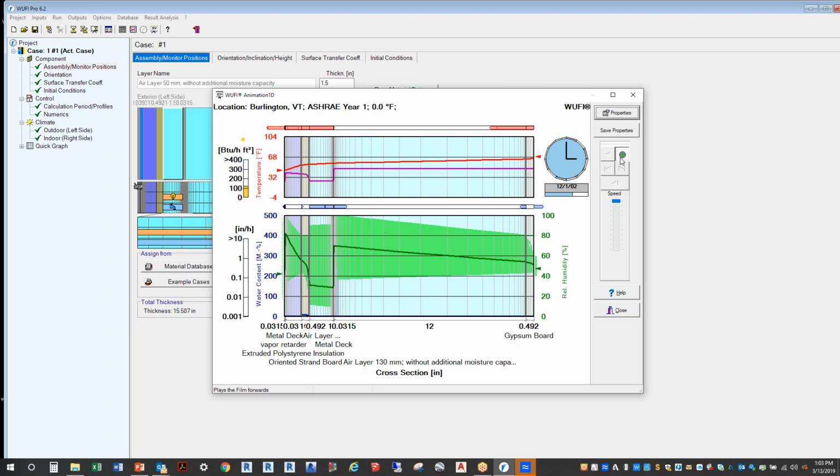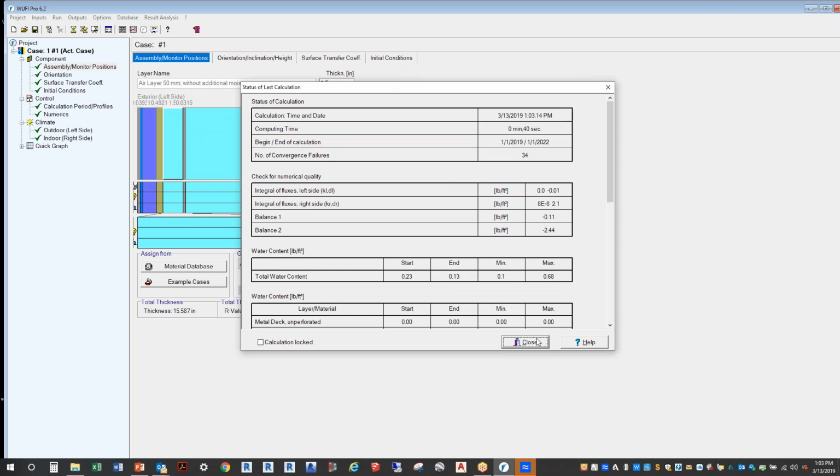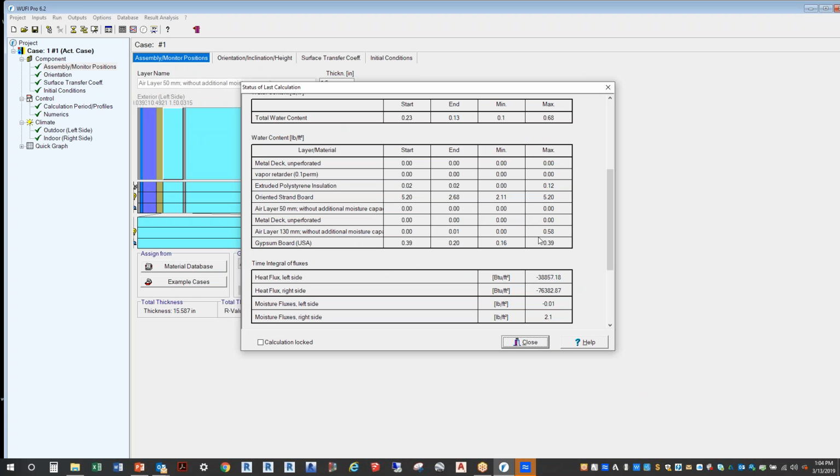But just because we have condensate, as long as it dries out, it doesn't mean it's a problem. Condensate's an issue when it accumulates. So none of these numbers look bad.